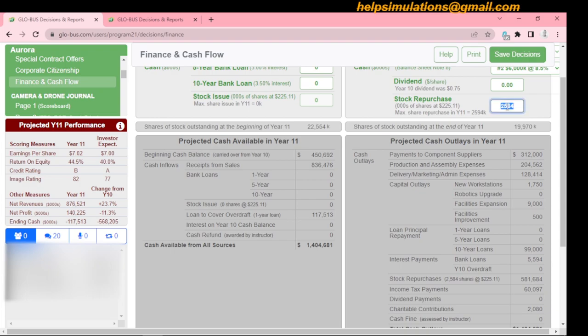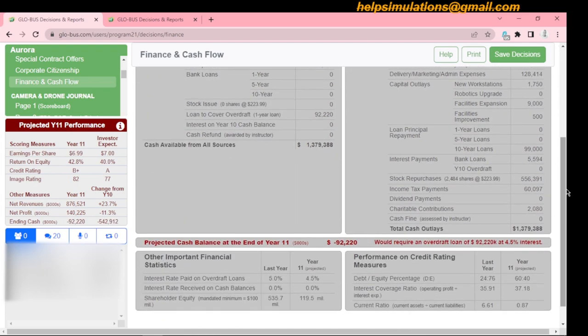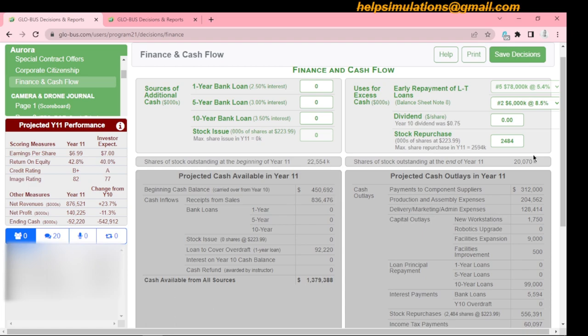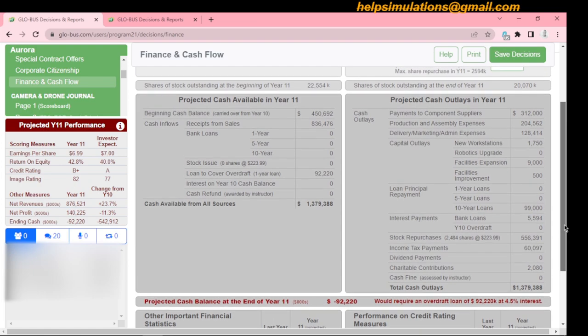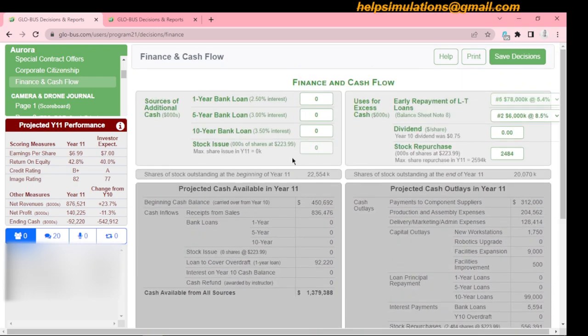Let's repurchase maybe 24. So 119. I think I'll settle with that stock repurchase of 24.84. Because I don't want to save the decisions with the projected cash balance of negative 92,000, because this will earn me an emergency loan, I'll just take a 10-year bank loan.